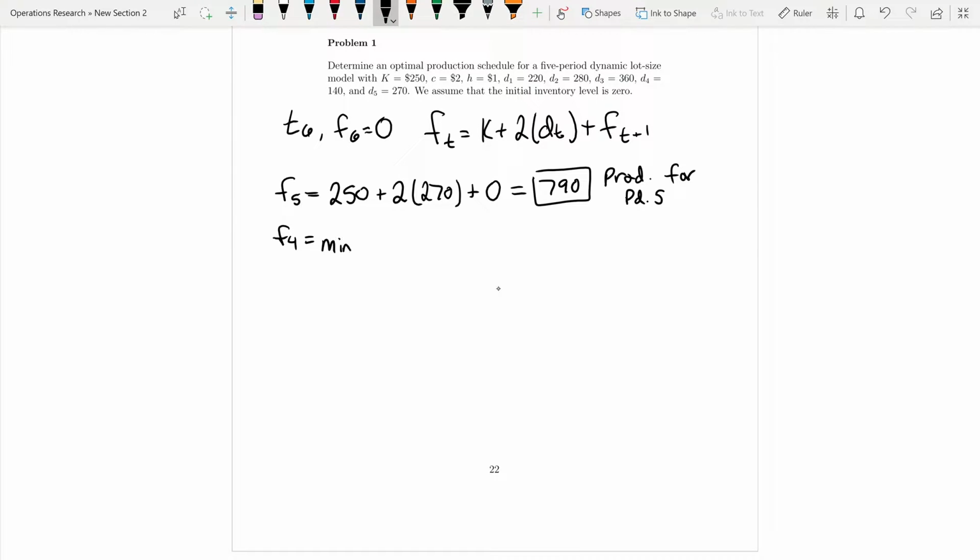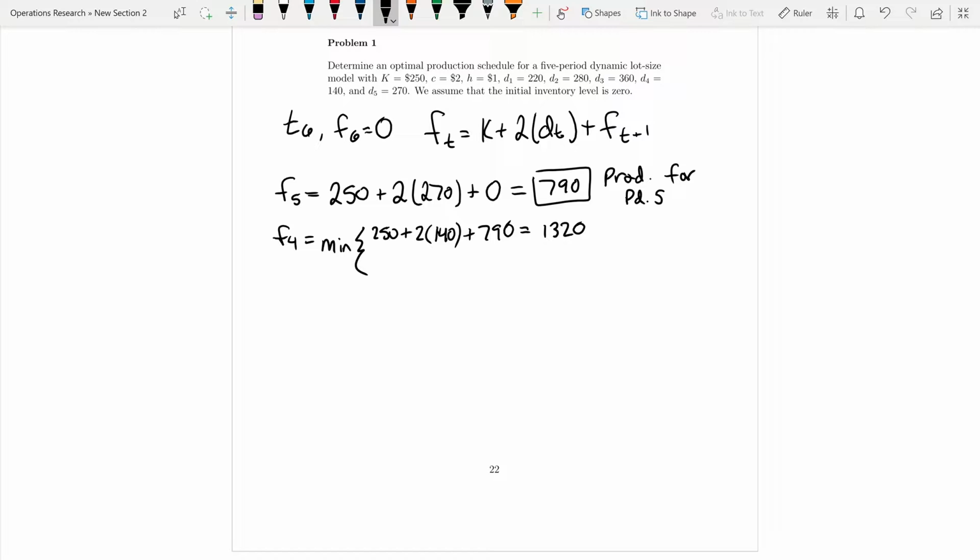And we keep working backwards to F sub 4. We need to find the minimum value between K plus 2 times D sub 4, which in this case is 140, plus 790 from F sub 5 above, and that's going to equal 1320 here.